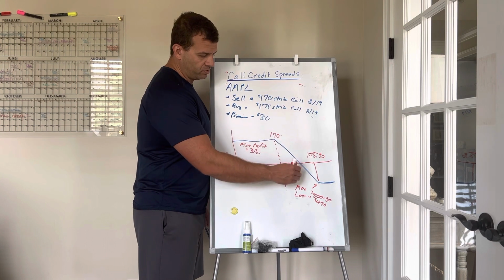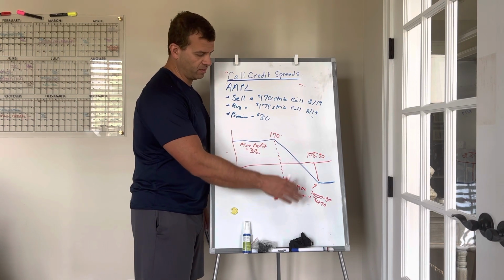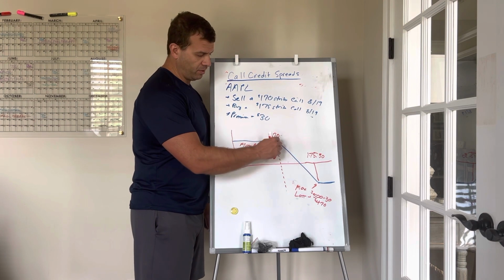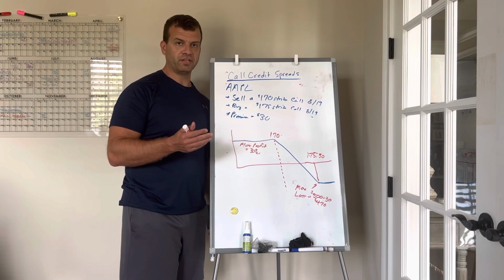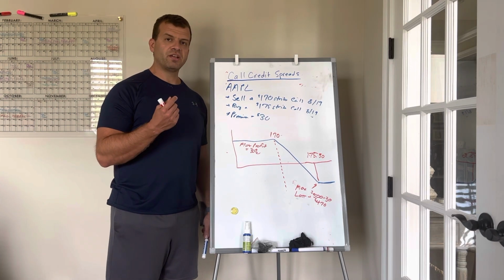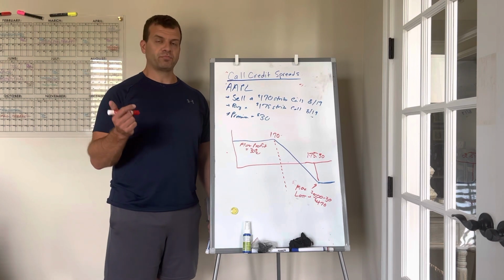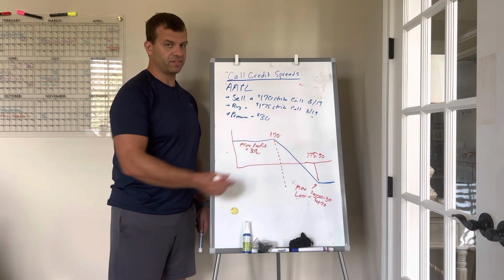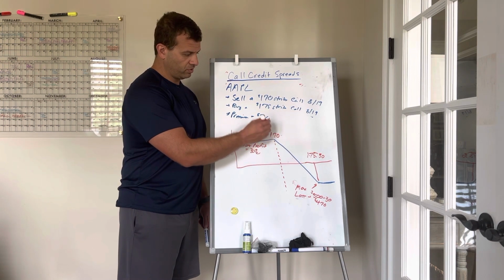This isn't to scale, I'm just doing this for illustration. After $170, you start losing money, because for every penny, you're losing $1 of profit after 170, since it's 100 shares, penny, dollar. So you're going to eat into your premium.